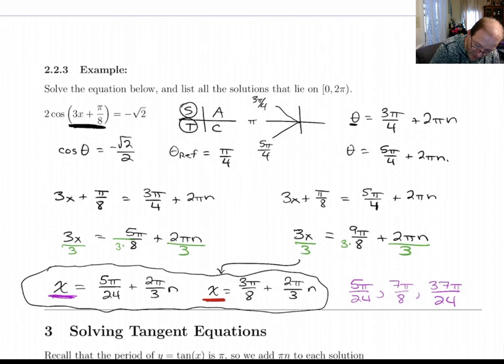And then we also want to do these over here, where we'll do the same thing. We've got 3 pi over 8, 3/8. Then we're going to add 2/3 onto it repeatedly. When I do that, adding 2/3 onto it once, I get 25 pi over 24.